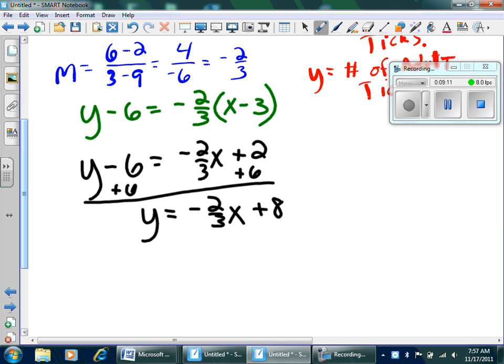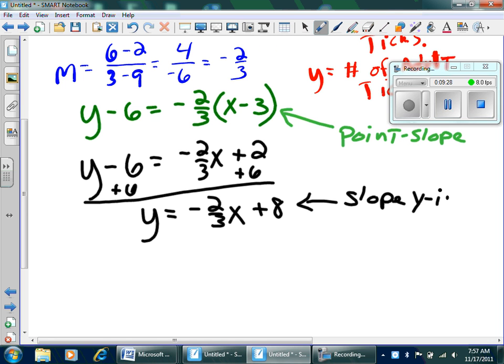Let me see here, I should label these. This is point-slope form, and this one here is slope-y-intercept form. And I noticed that the y-intercept is 8.